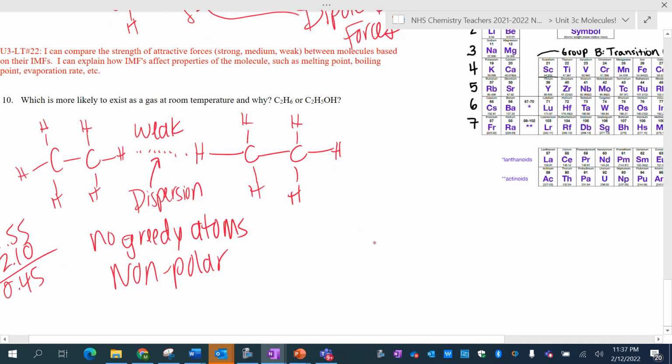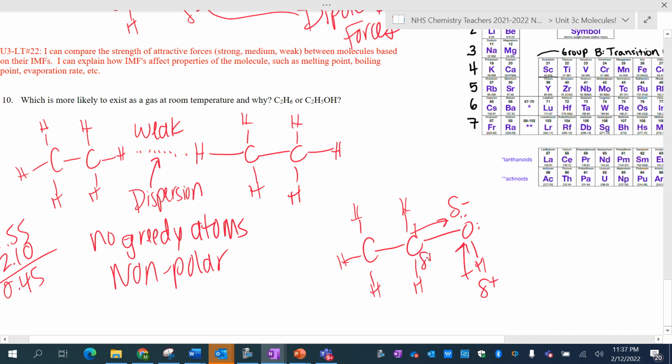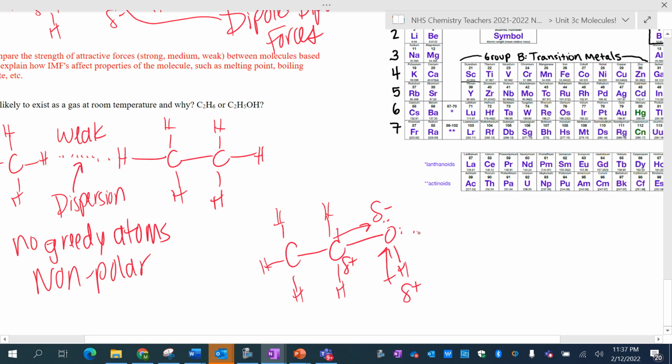On the other hand, C2H5OH has a partial negative and some partial positives because oxygen is a greedy atom. So the oxygen of one is maybe attracted to the positive of another nearby.